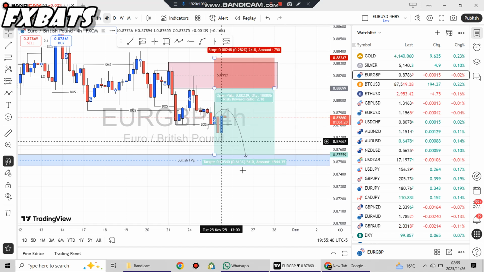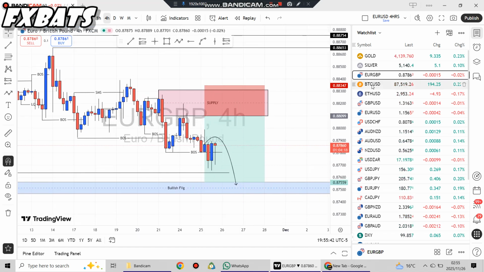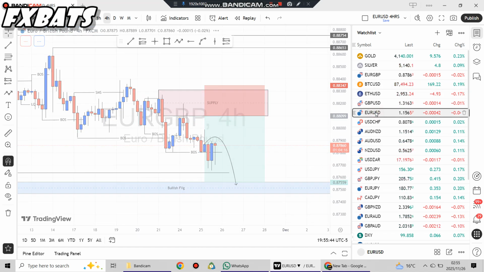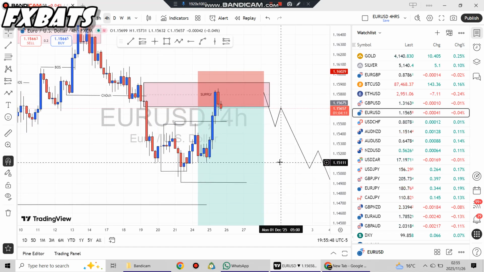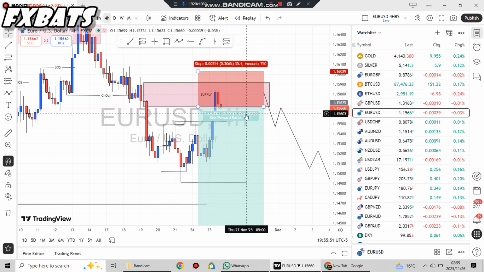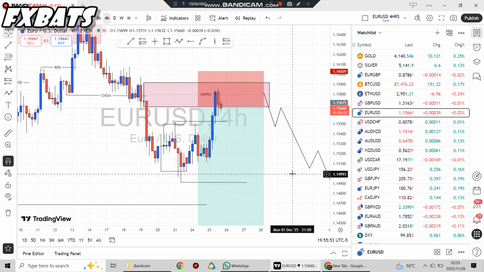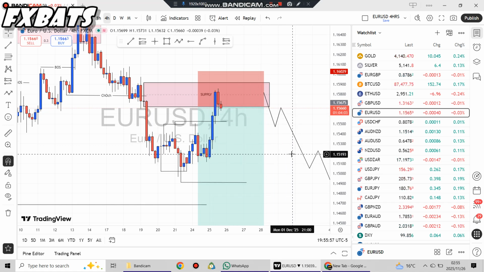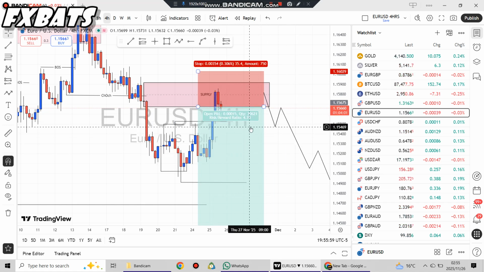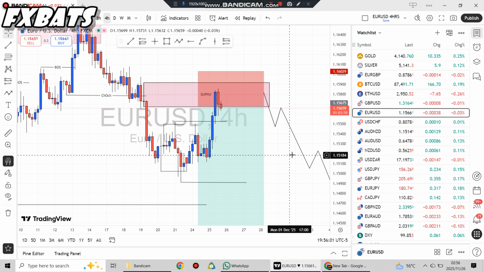So since we still are selling Euro GBP, that's the reason why I'm choosing to sell Euro USD. It might drop more than GU, for now, yes. So I'll be taking Euro USD into a sell rather than GU USD.